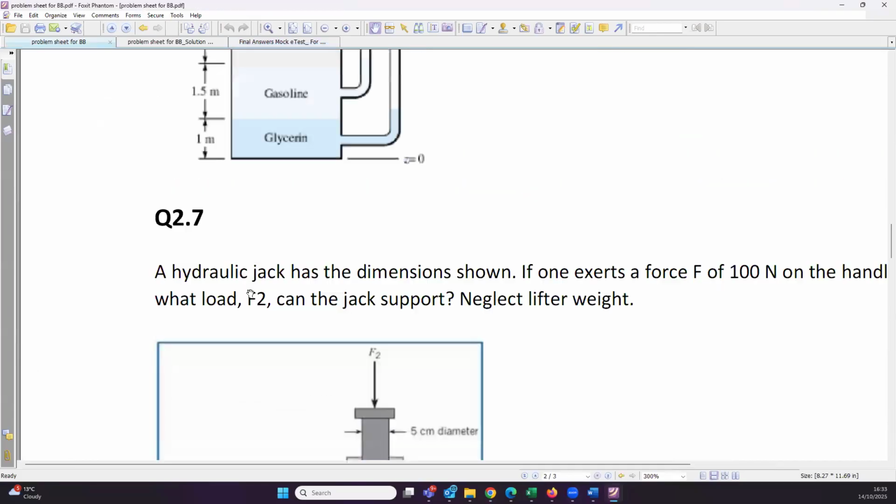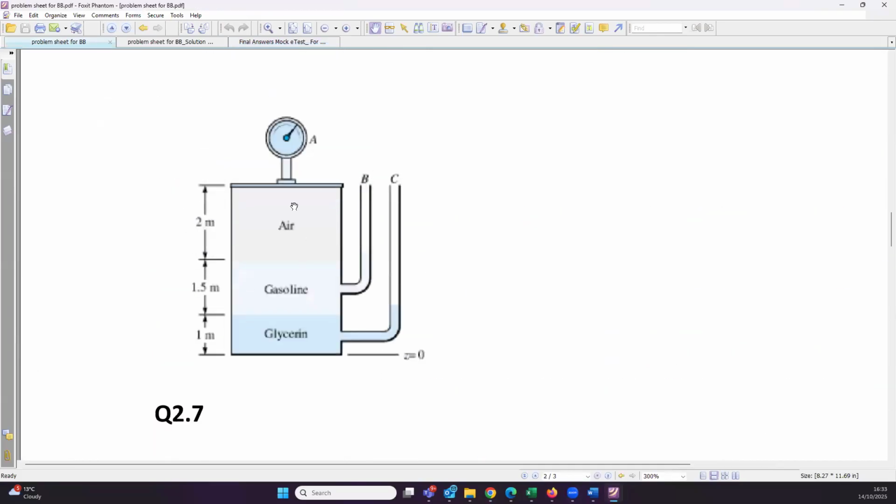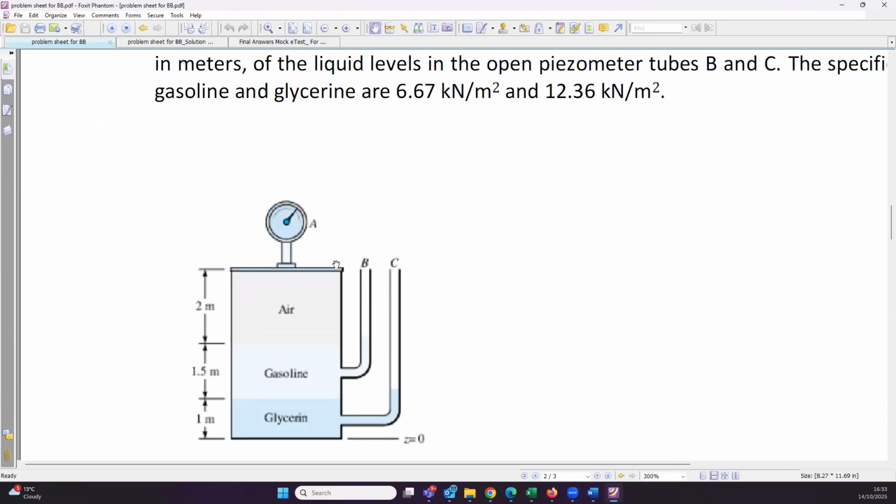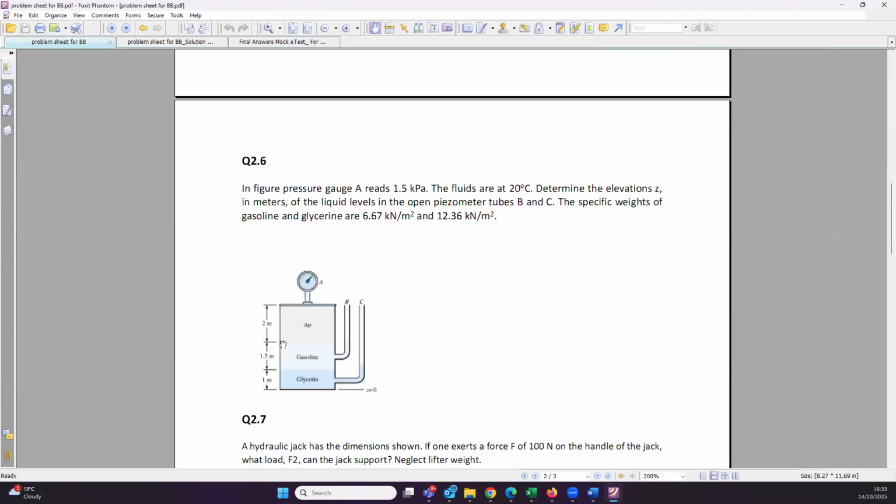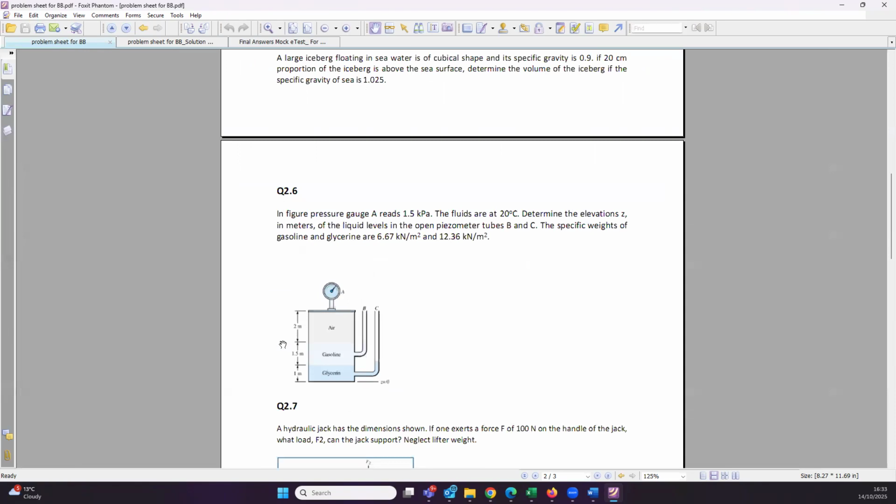If you look at this question here, we did the same thing: although the value is given here at the very top, 1.5 kilopascal, we said that at this point, it's also 1.5 kilopascal. So this is exactly the same concept that you are using in the practice test question, and you will be using exactly the same concepts in the online test as well. Okay.